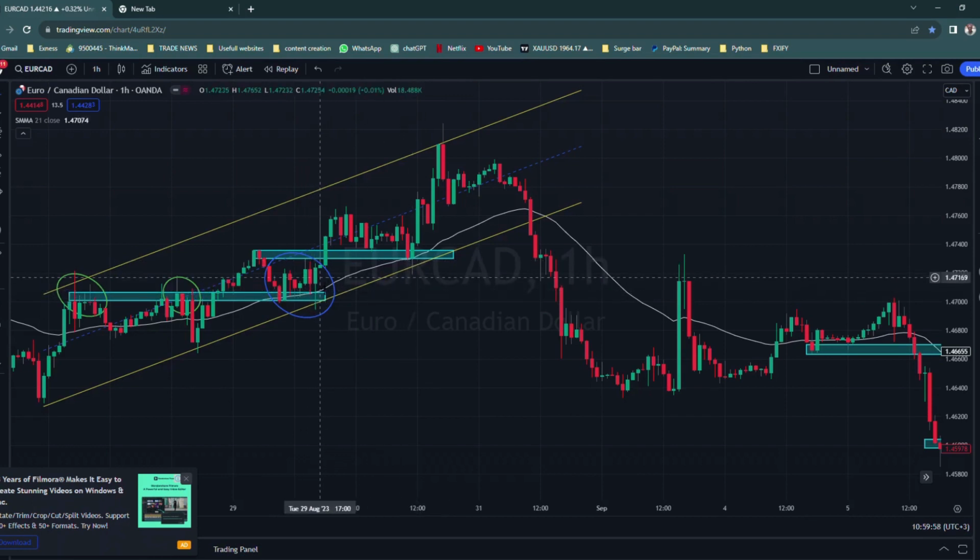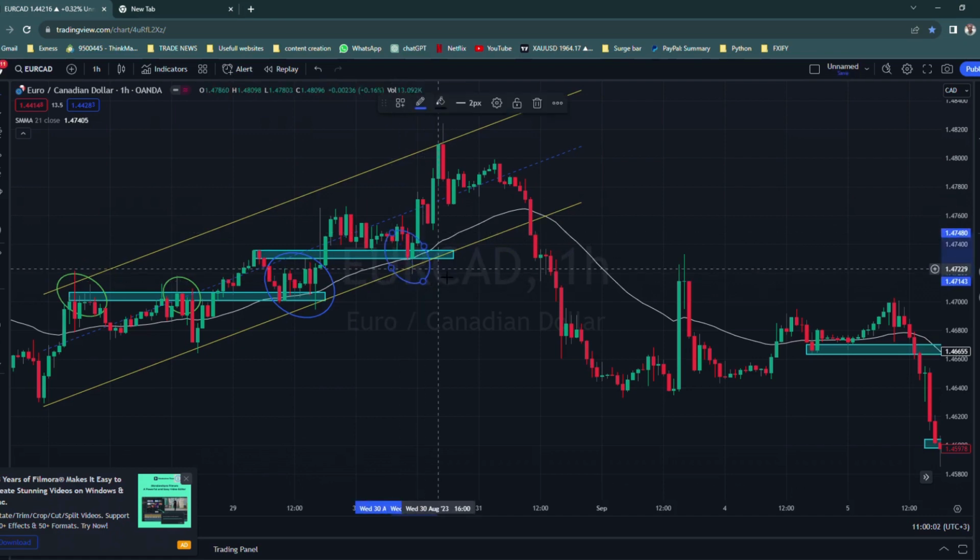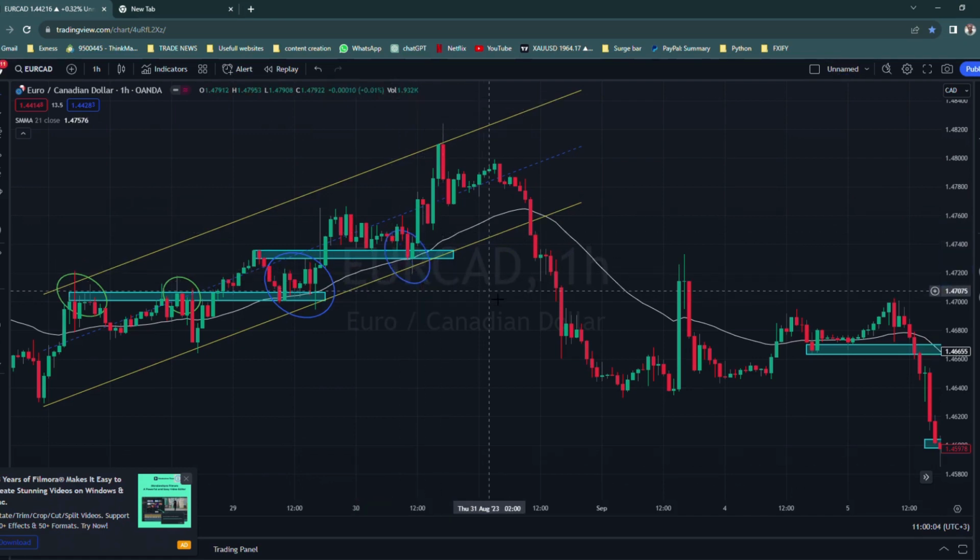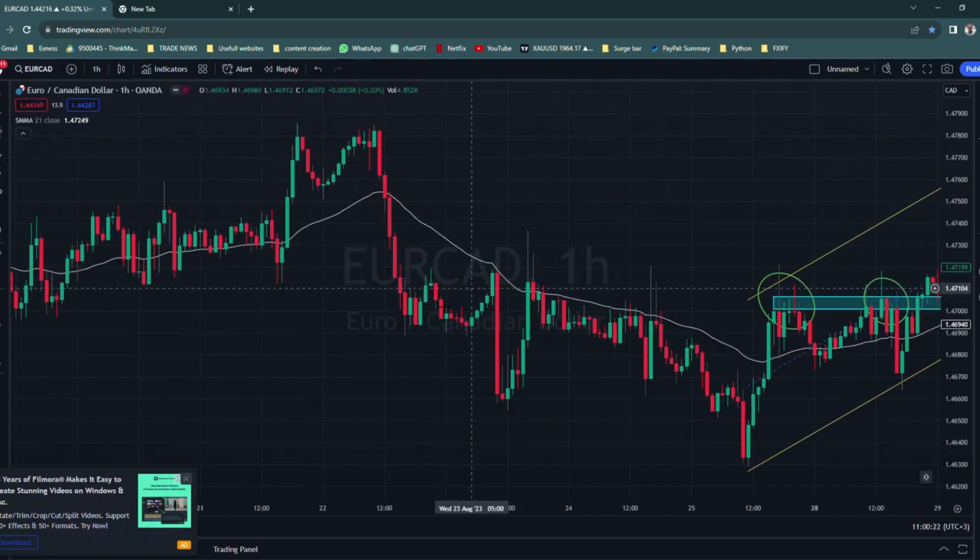Now, these are the 2 points where you are going to have opportunities to enter into the trend. This pin bar, rejection of this zone, and then the 21-day moving average. These are 2 confluences that will give you that edge, the pin bar and the 21-day moving average in the trend.